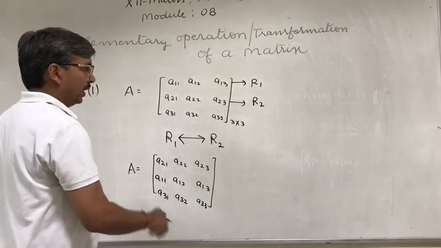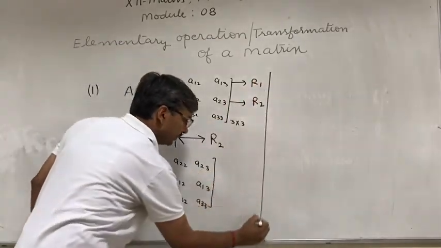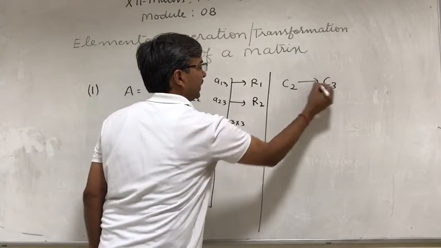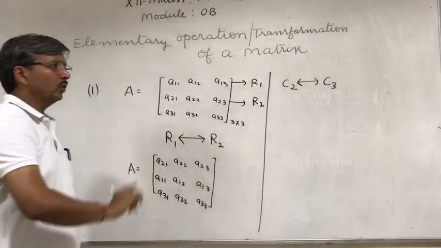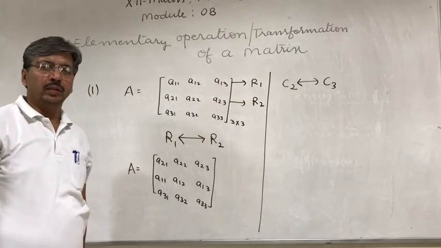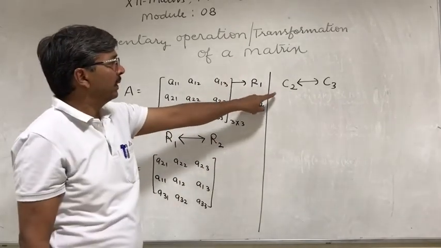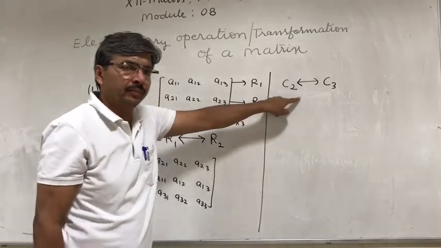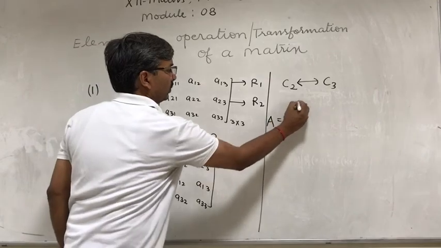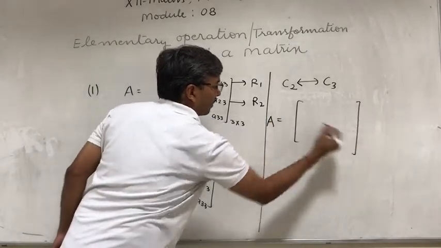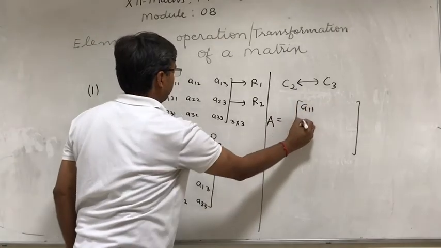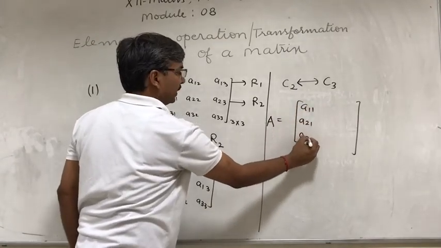Okay. Now, if we want to change C2 into C3, C3 into C2, if we want to apply this operation, then this matrix will become equal to A11, A21, A31.